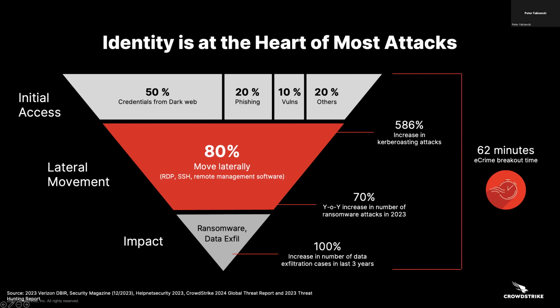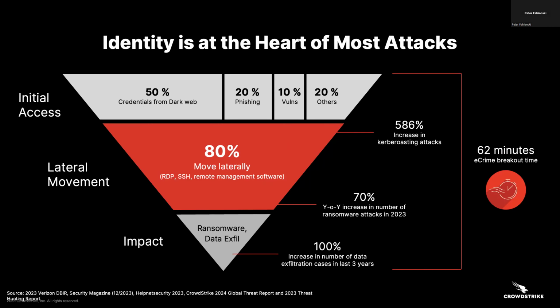But before we get to that, this is a simplified version of all these attacks that identify various identity-based attacks. You can see initial access: 50% of these are credentials from the dark web, and another 50% is phishing, vulnerabilities, and others. From here you can see this 80% is lateral movement.